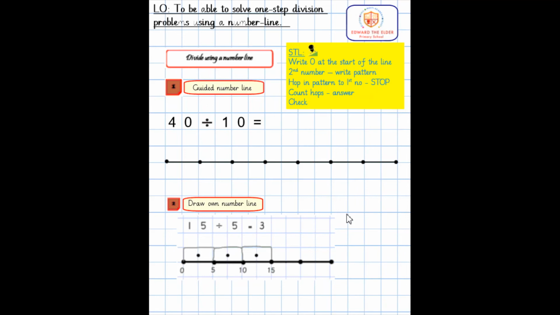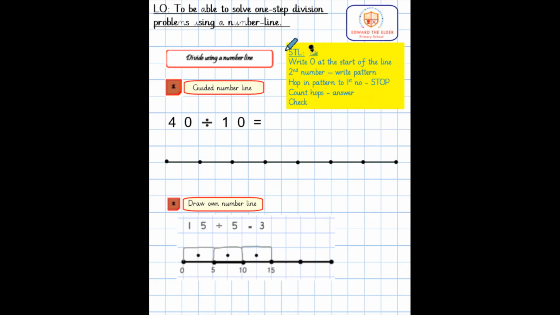We teach 2 methods of division in Year 1. These involve dividing using a number line. Our learning objective today is to be able to solve one-step division problems using a number line. Today I'll be modelling our first method, which is to use a guided number line. Our number sentence is 40 divided by 10.